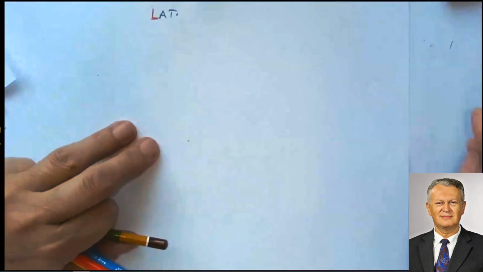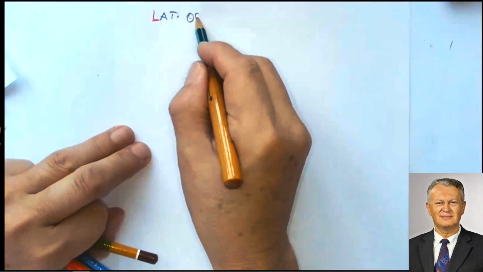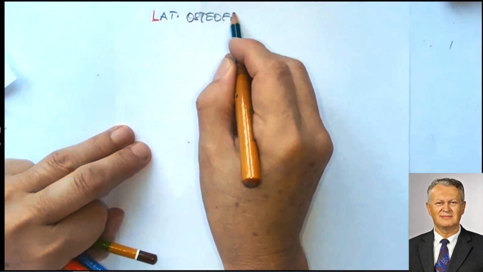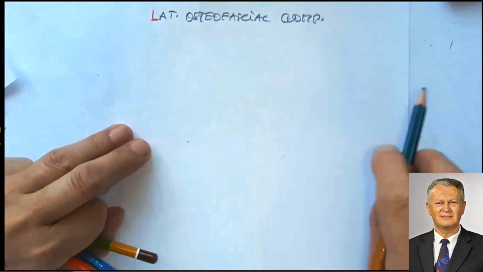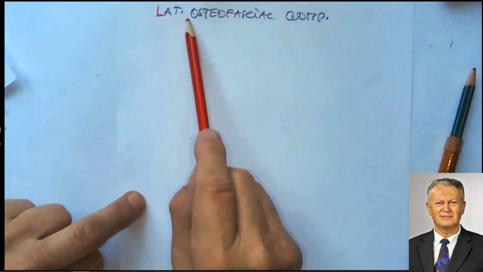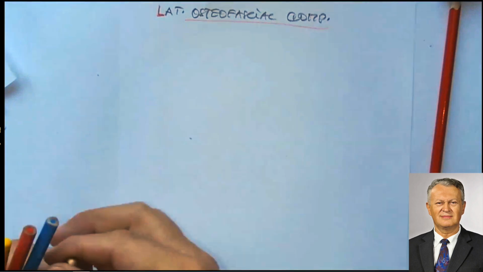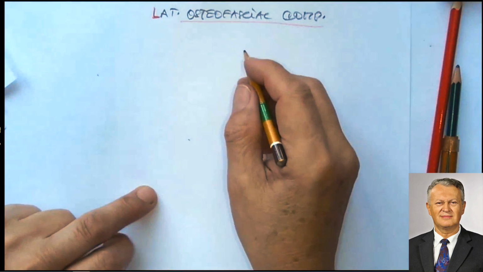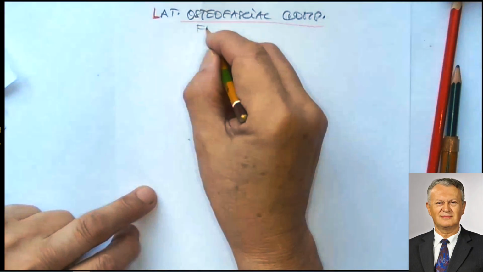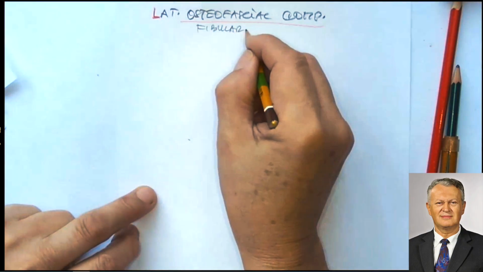Lateral osteofibrous compartment. The lateral osteofibrous compartment contains, as we said, simply the fibular muscles.